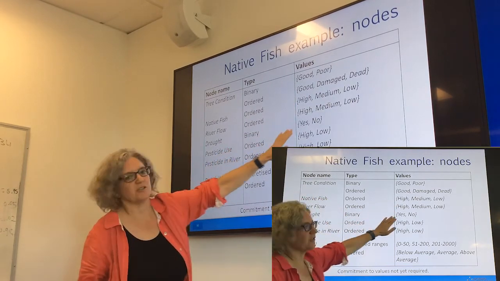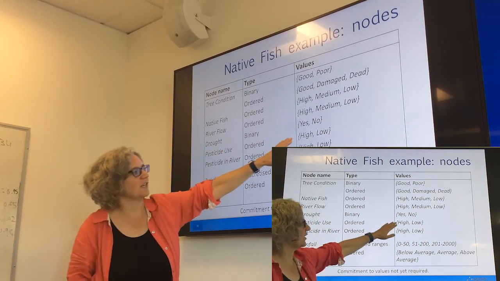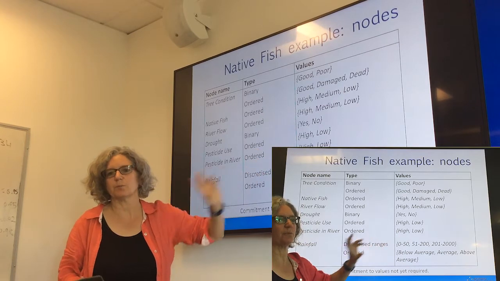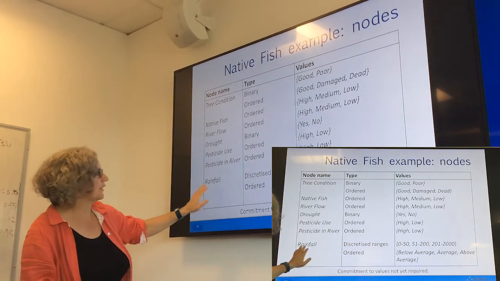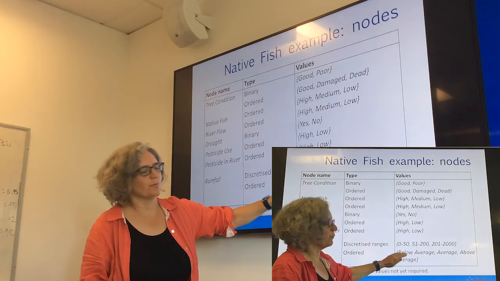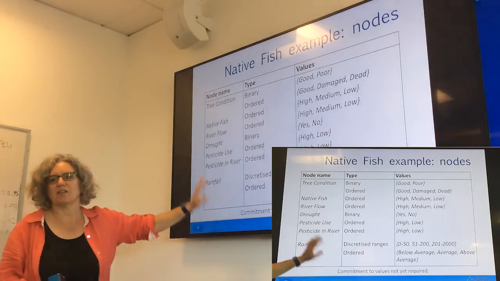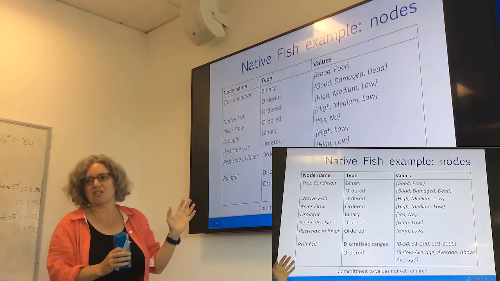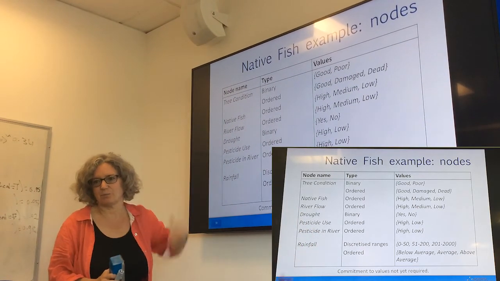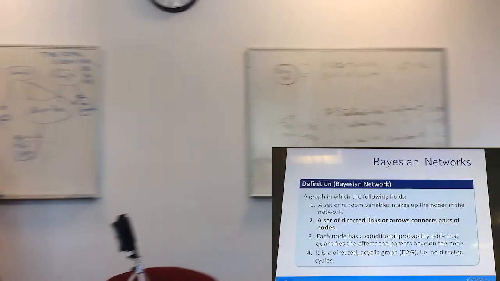River flow: high, medium and low. Drought: binary, just yes or no, more like drought over the last 5 years. Pesticide use: again, just high and low is too simplistic, but it keeps the table small. And then rainfall, you could have these discretized values, or you can label them with these numbers. You don't have to commit to these, but you have to put them in at some stage. You can change them later, but before you can do your conditional probability table work, you have to move on with that.